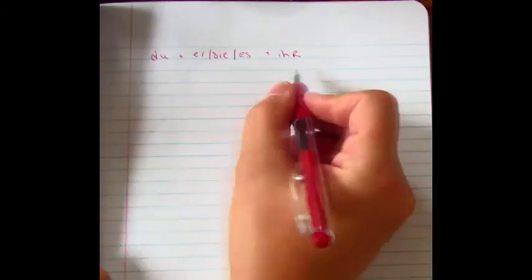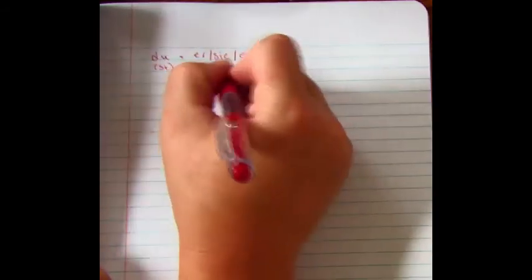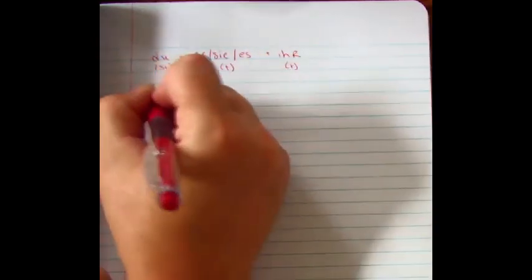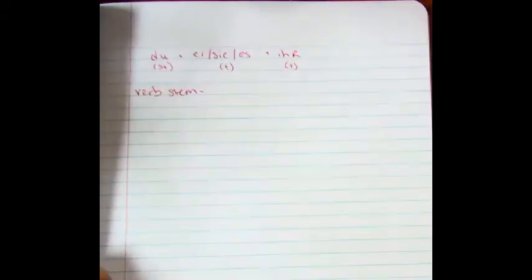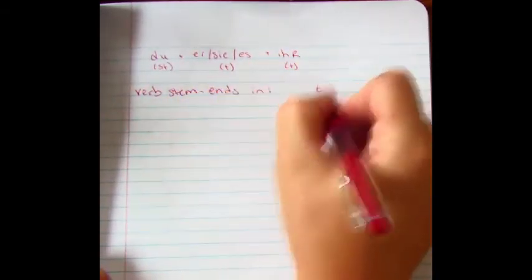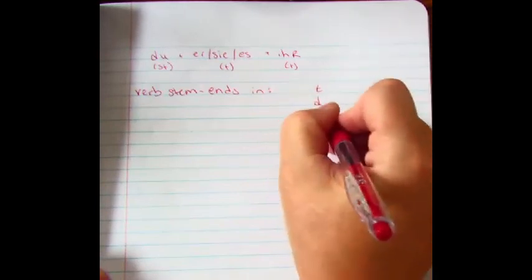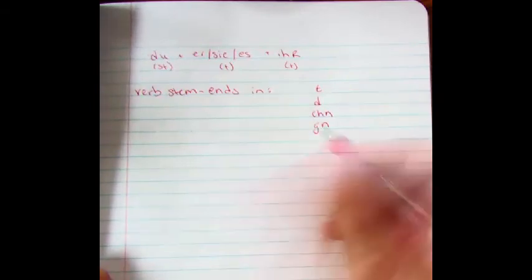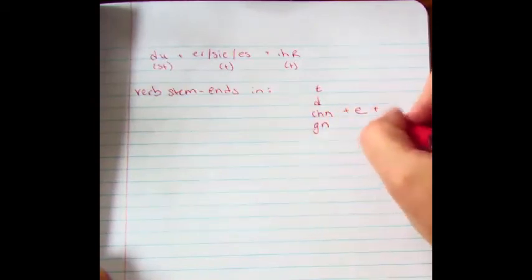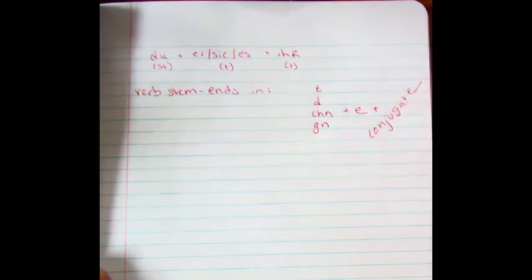When you have these conjugations, so that was your st or your t's, if you have a verb in which the stem ends in the following combinations, either a T or a D, a CHN, or a GN, if the stem of that verb ends in any of these, you have to add an E and then conjugate. So first we add an E, then we conjugate.